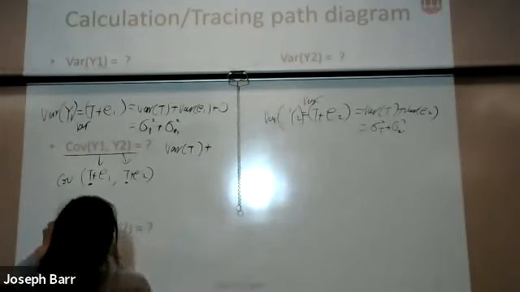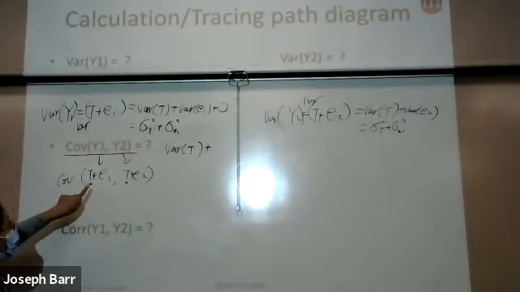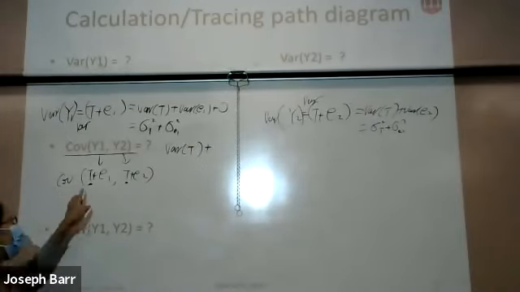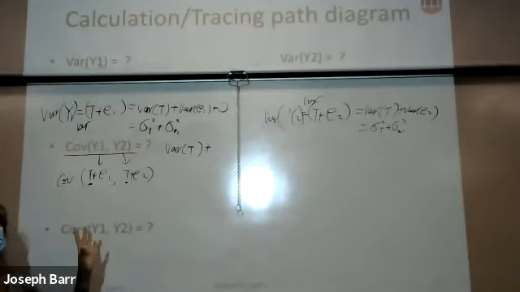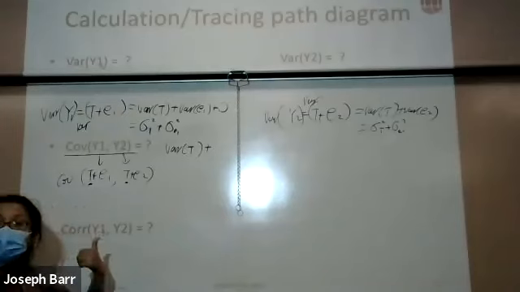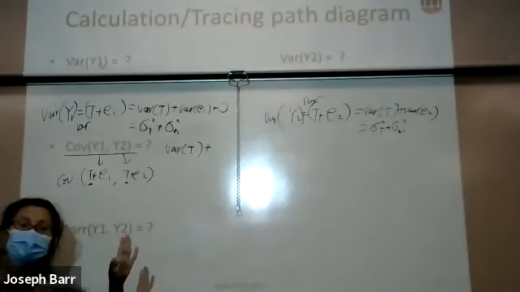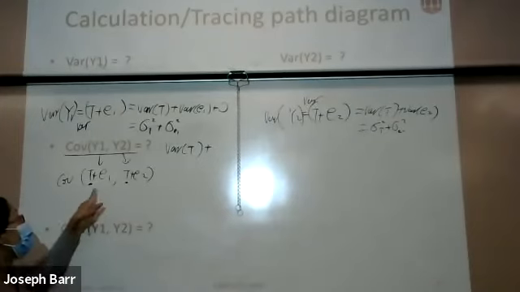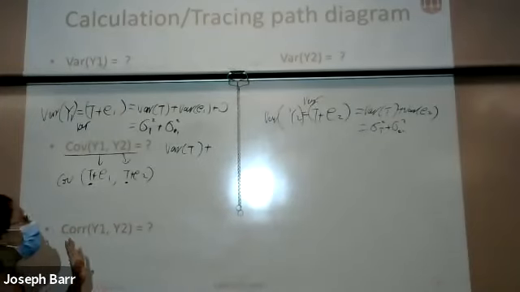But now let's look at this part. The combination of E and T, they are independent, no covariance. The T and E2, the same thing. E1 and E2, the same thing. E1 and E2 are independent. We assume that the measurement errors at different times or the different measures are independent. There's no covariance between E1 and E2.